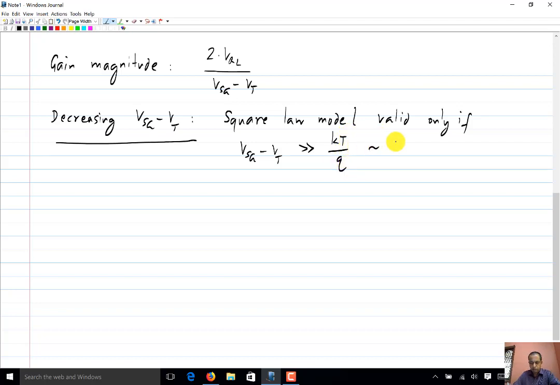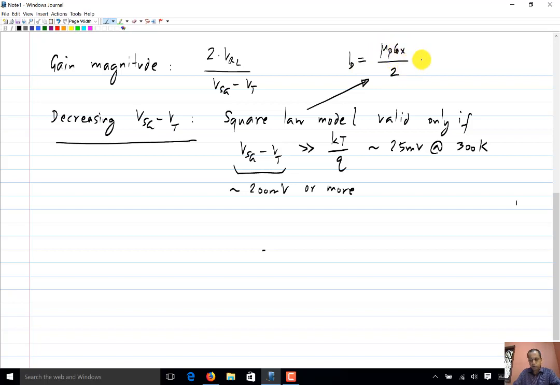And we know that this is about 25 millivolts at 300 Kelvin or 27 degrees Celsius. So this VSG minus VT has to be about 200 millivolts or more in order for the square law model to be valid. And what is the square law model? That is the model that says that the current in saturation region is mu Cox by 2 W by L times VSG minus VT squared.